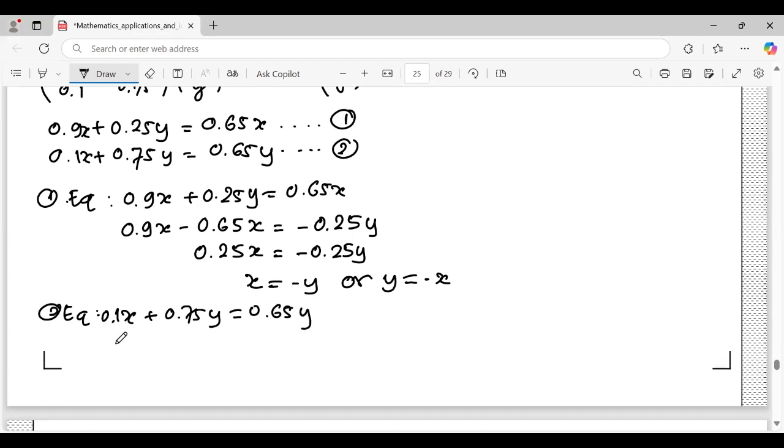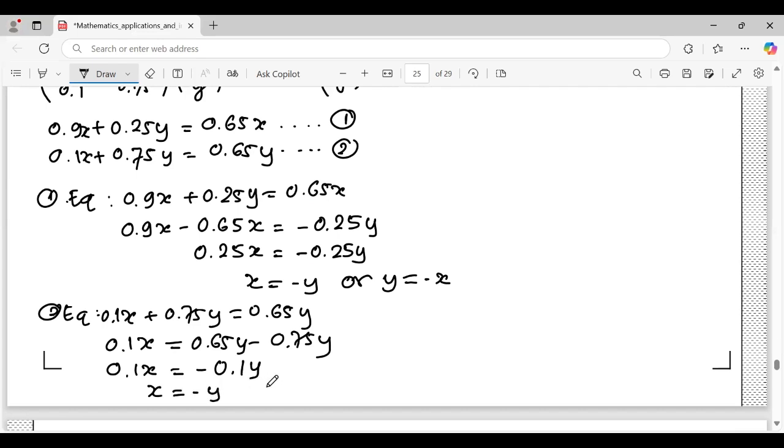And we can write this as 0.1x equals 0.75y minus 0.65y, so 0.1x equals 0.1y. X equals y, or y equals x.